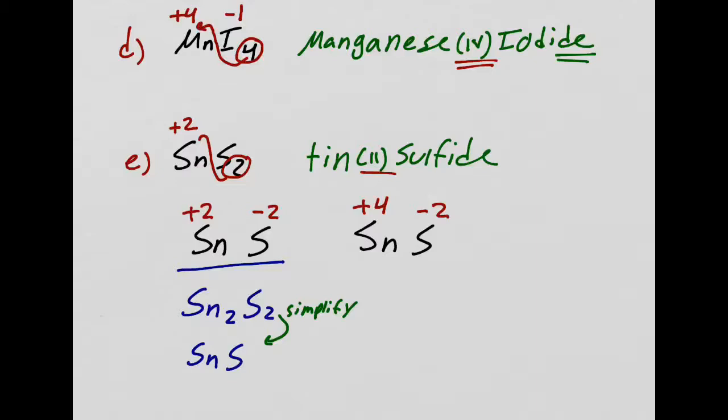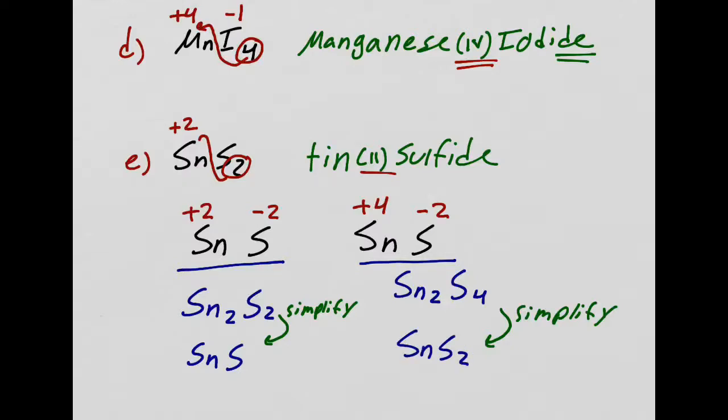Okay? Now let's come over here. Hopefully you see where I'm going with that. I'm going to cross multiply the charges. If I cross multiply the charges, I get Sn2S4. Can I simplify? Yes, I can, because I have 2 and 4, and if you can simplify, you must simplify. I simplify by dividing it by 2, so I get SnS2. So what's the right answer?